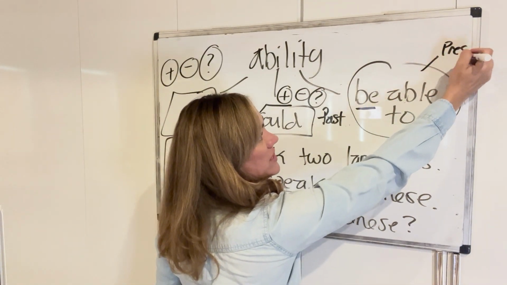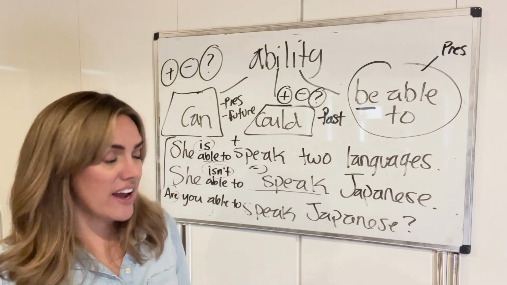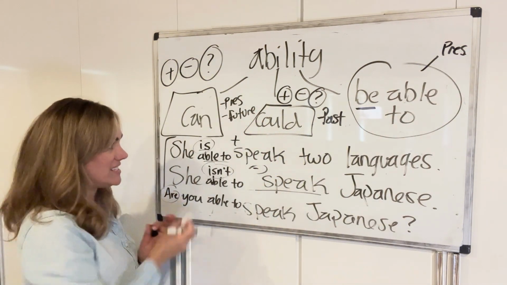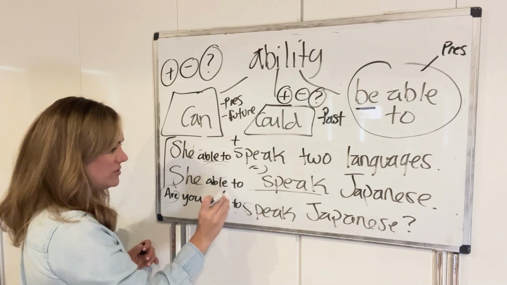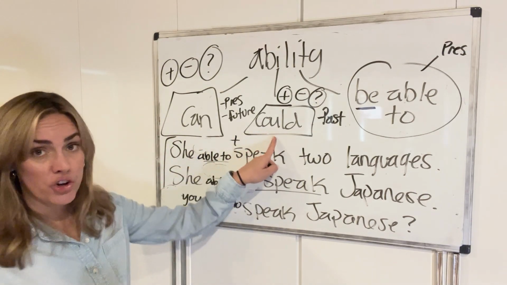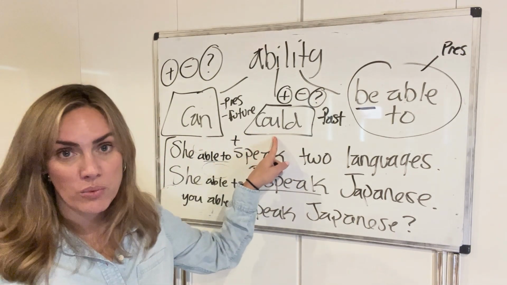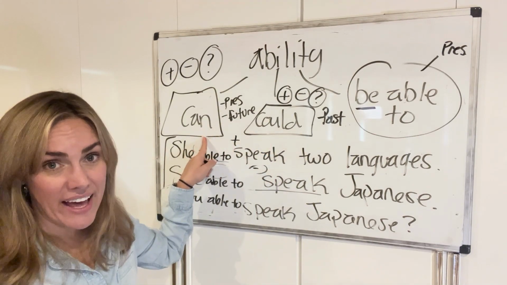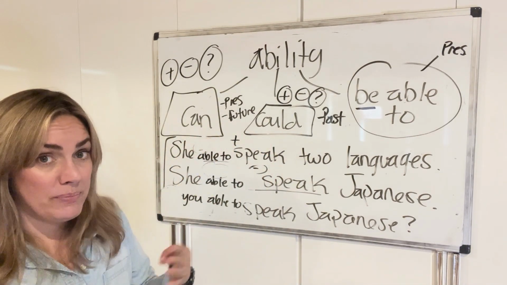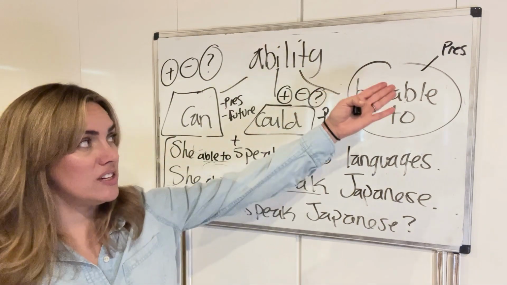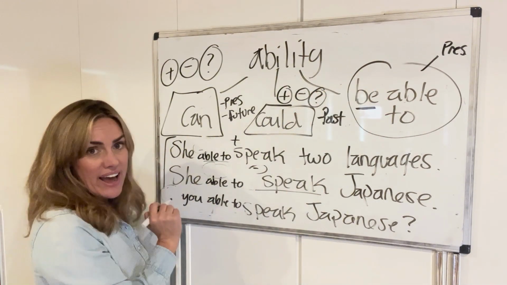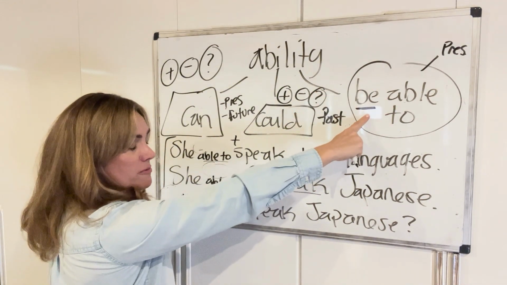So I can use it in the present, but I can also use it in the past. So just like with could, that's the way we show past of the word can. But with be able to, you can use it in the present and the past by adding a past form of be.